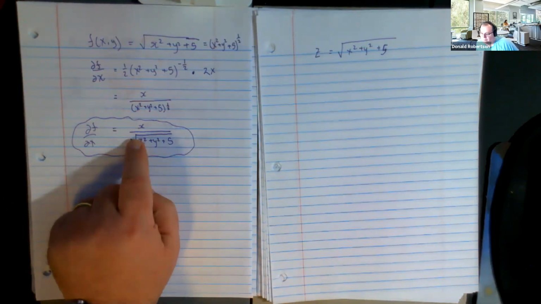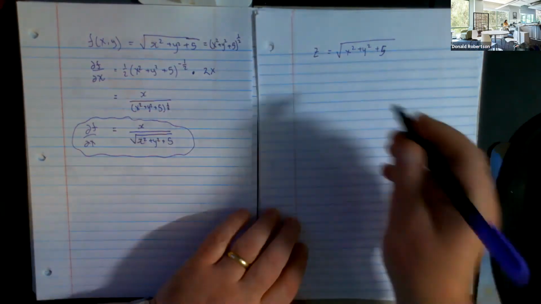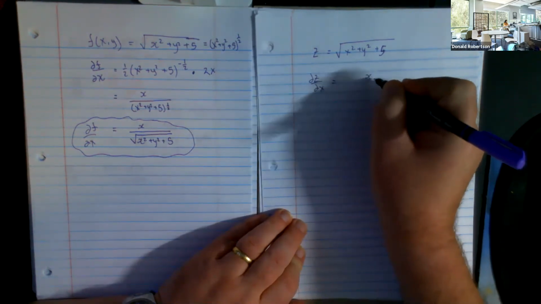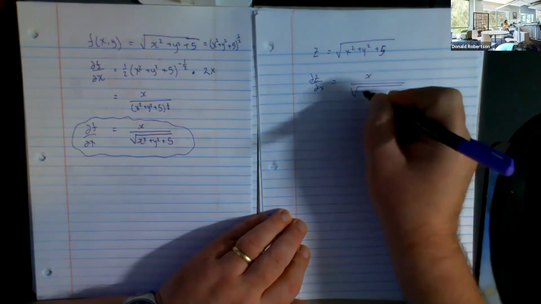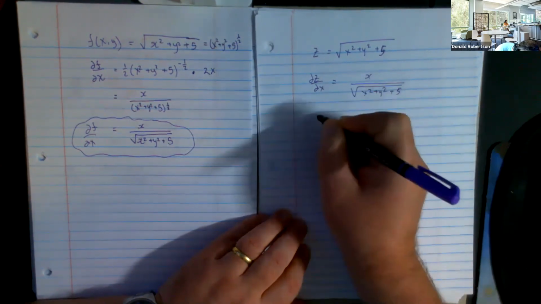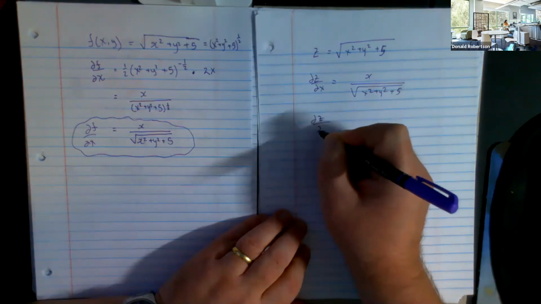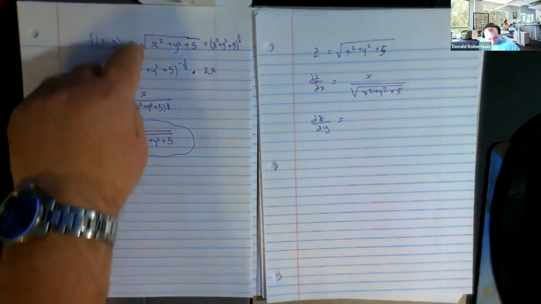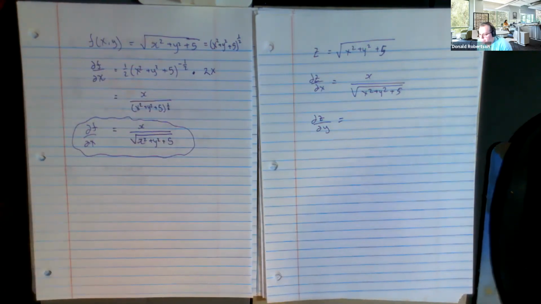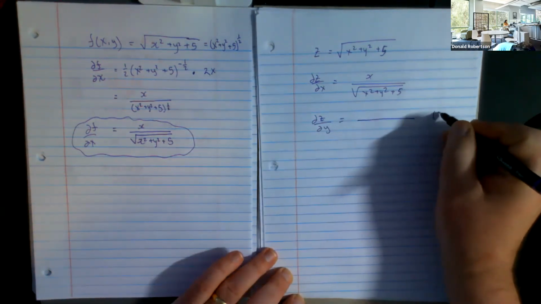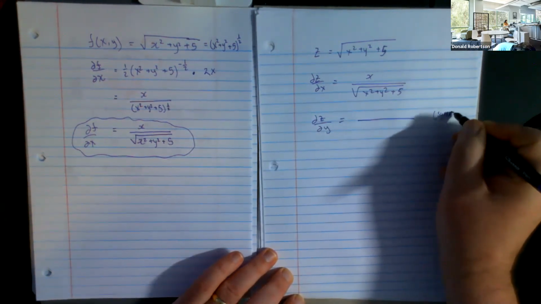So if you want to do the partial derivative with respect to x, the answer ends up being this guy. I am now going to tell you the answer to the partial derivative with respect to y without doing all of this again. Just telling you the answer right off the bat. And the reason I can do that is because of symmetry.